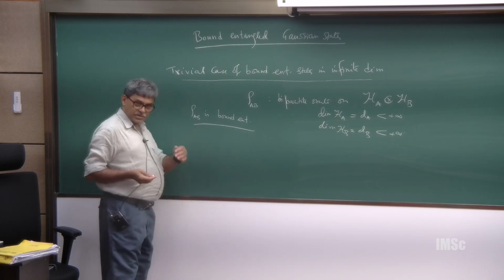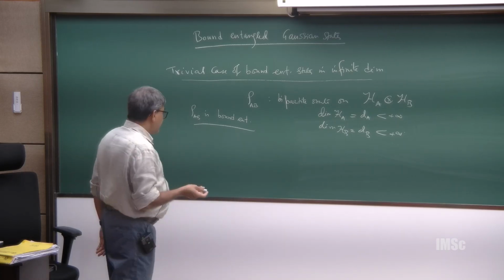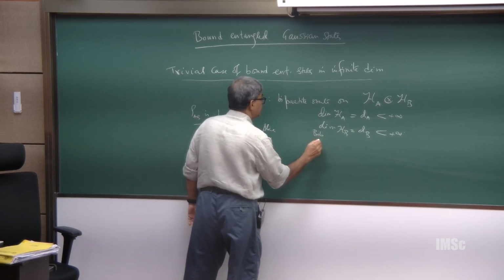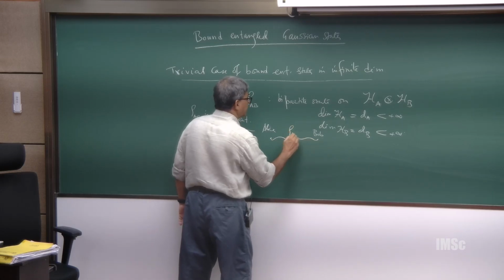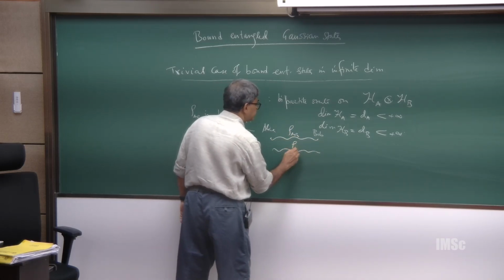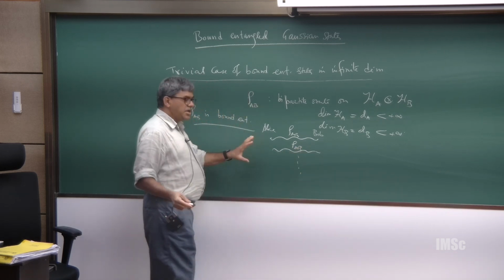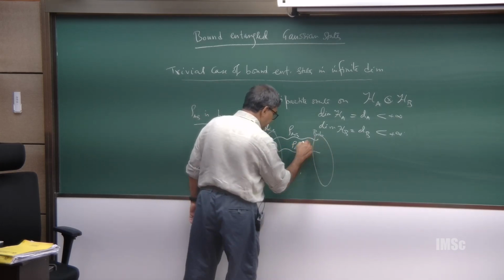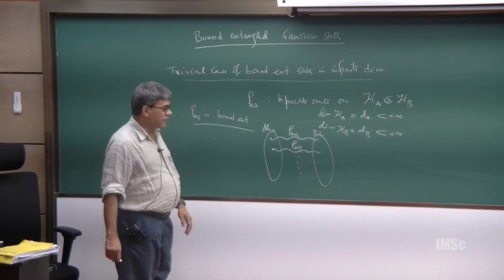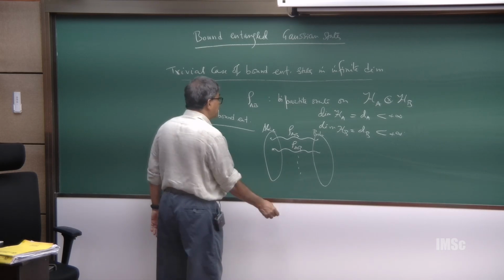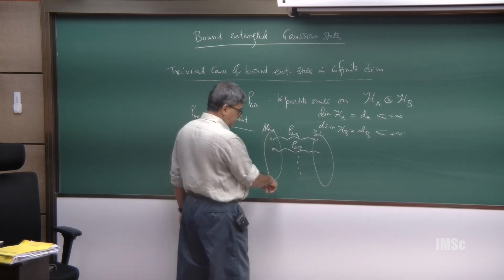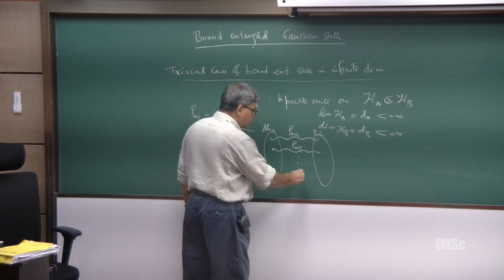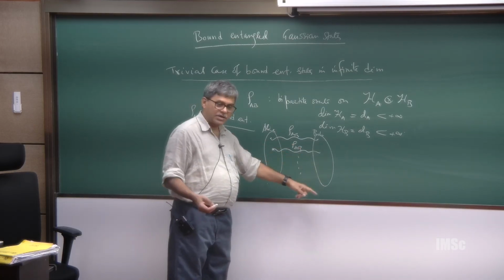What does it mean? It means that, let us say there are two parties, Alice and Bob, and they share many copies of this state. This is in Alice's lab, this is in Bob's lab. In principle it can be infinitely many copies, and then Alice performs some operation here, communicates to Bob, Bob performs some operation on his system, communicates to Alice, and so on, or Bob can also start first.